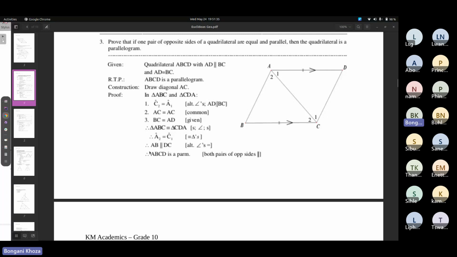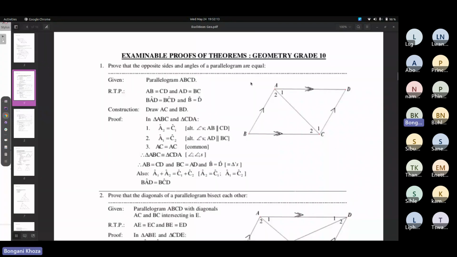And therefore AB is parallel to CD because A2 and C1 are equal. They are giving us these two as alternating angles. Therefore, you have proven that this is a parallelogram. Any questions on that one? Nope.